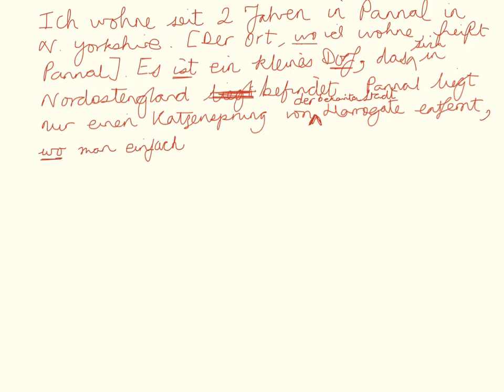So, one can try the waters. So I need to put my infinitive at the end. The infinitive of try is going to go at the end, which is probieren. Wo man einfach, oh yeah, and I've not got a can. Where's my can going to go? Of course, my can is going to go at the end because this is word order 3, so it goes after the infinitive. Wo man einfach das Wasser probieren kann. Okay, so I've got Pannal lies only a stone's throw from the famous town Harrogate, where you can easily try the waters.